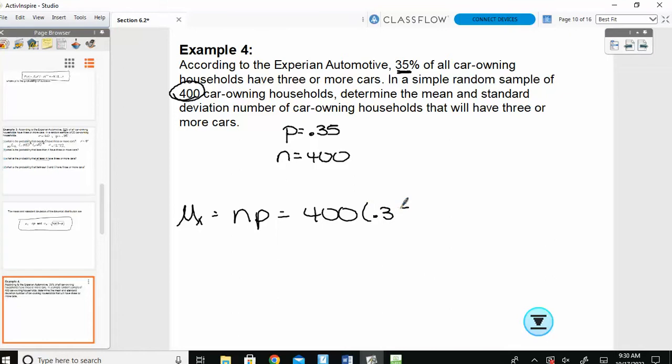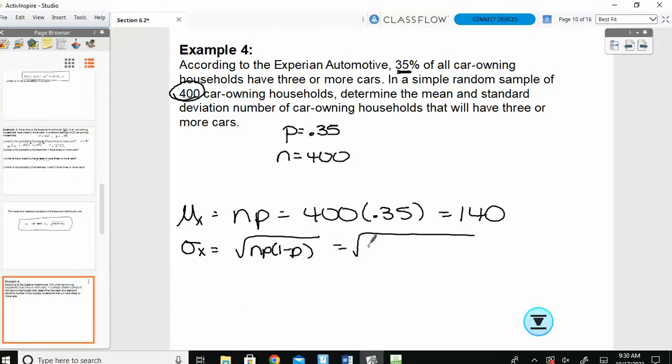So we get 140. Standard deviation is the square root of n times p times 1 minus p. So that's 400 and 0.35 and 1 minus 0.35, or 0.65. We get 9.539.